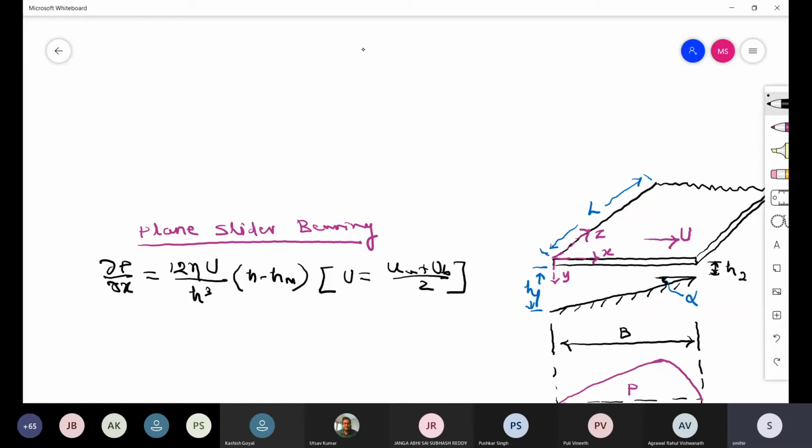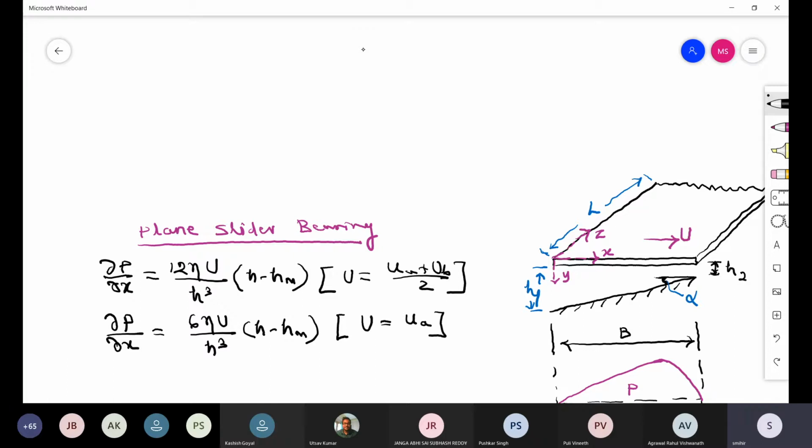But you can also use directly this expression, 6 eta U by H cubed, times H minus Hm, where U equals directly UA.